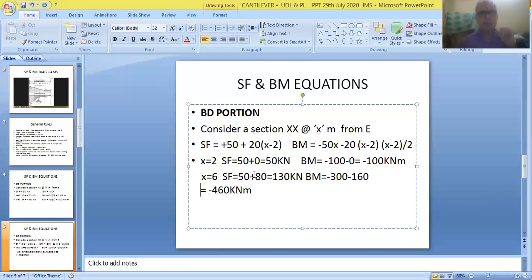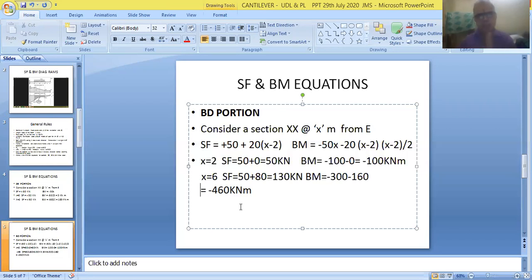So SF values, the first value is 50 kilonewtons, the second value is 130 kilonewtons. Similarly, the first value of bending moment is minus 100 kilonewton meter, and the second value is given as minus 460 kilonewton meter.